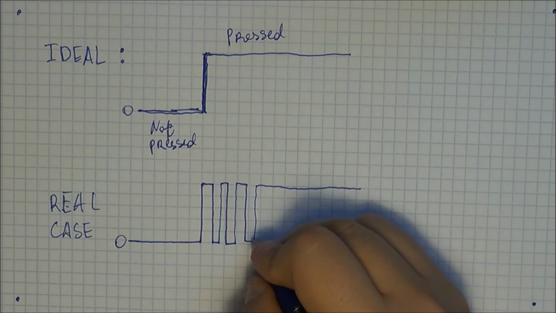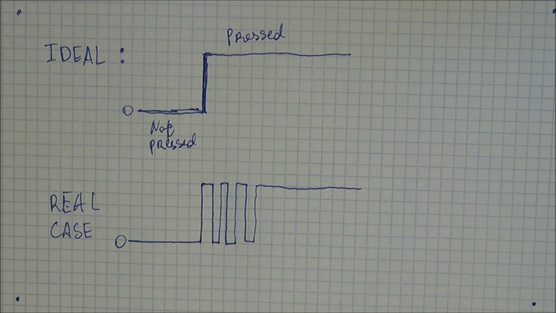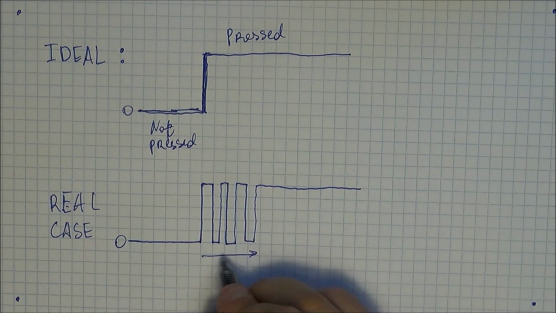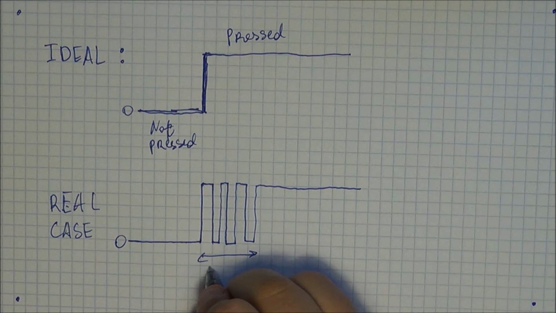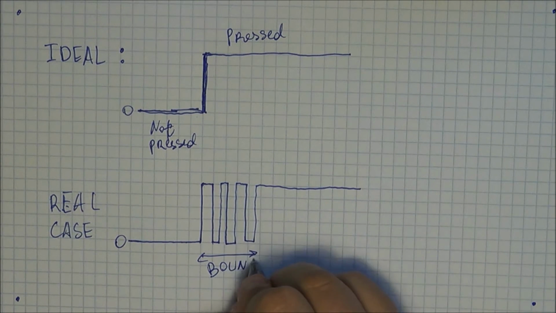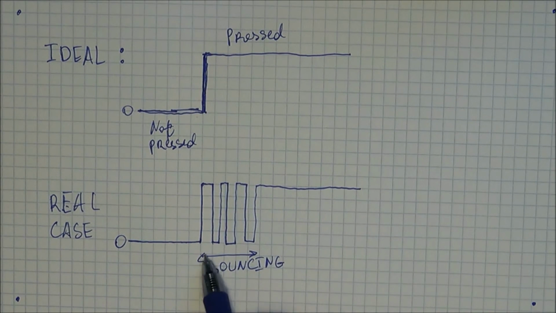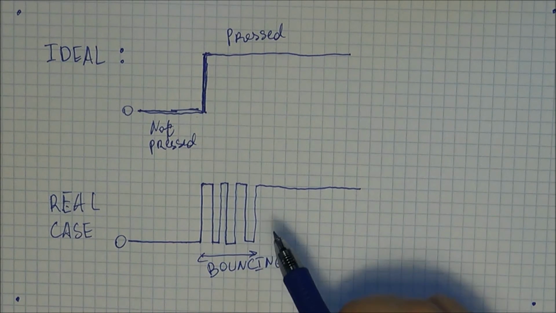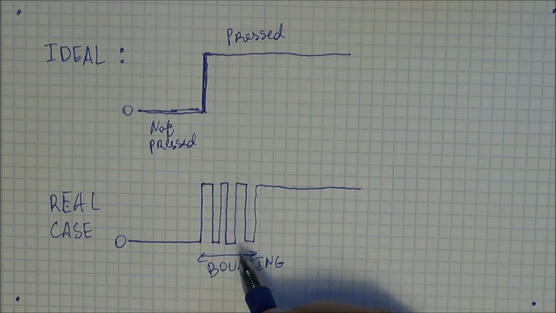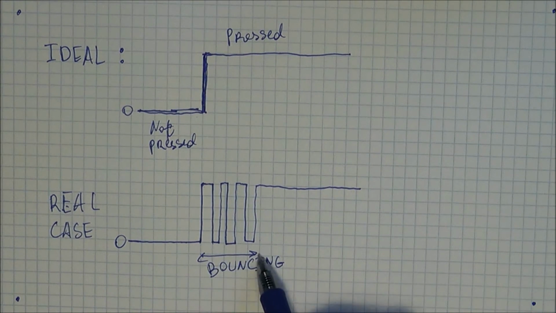And once it stabilizes, it's going to stay high. So this period of time, this is your bouncing. And typically this time is defined within the data sheet of a button, and they're going to tell you what's a safe time for this particular button.